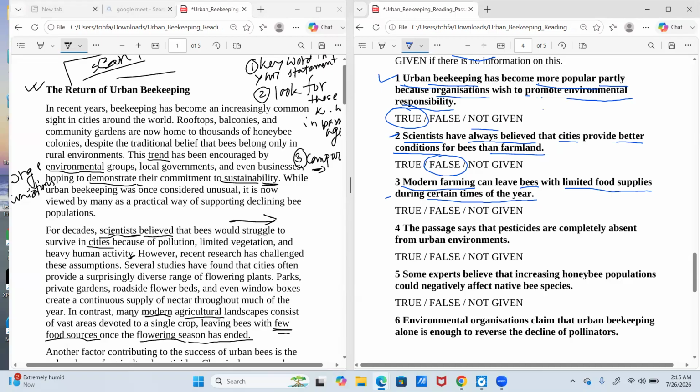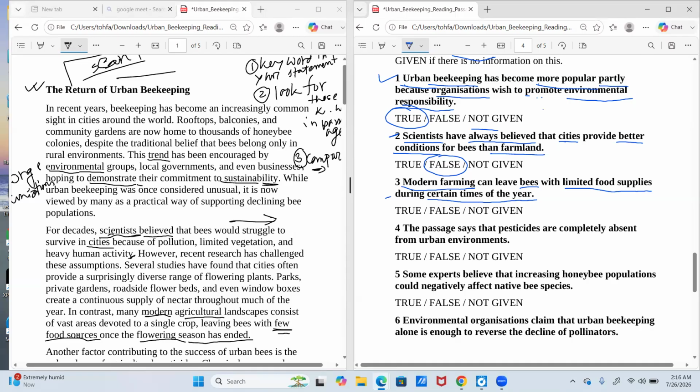So it says, in contrast, many modern agricultural landscapes consist of vast areas devoted to a single crop, leaving bees with few food sources once the flowering season has ended. It means that when the flowering season or blooming season has ended, bees are left with only a few food sources. Why? Because usually in modern farming, in a land, only a single crop is grown, and when the harvesting season of that crop is gone, bees do not have that crop.